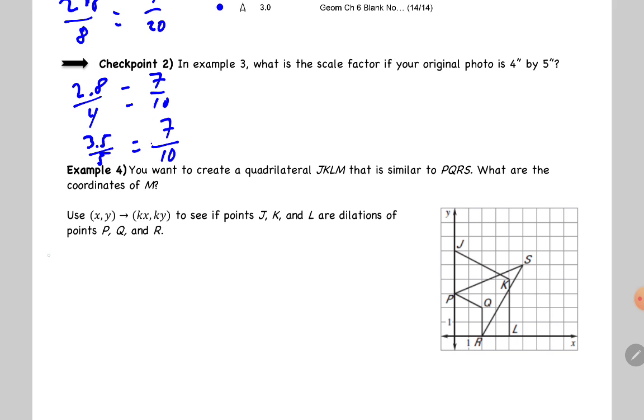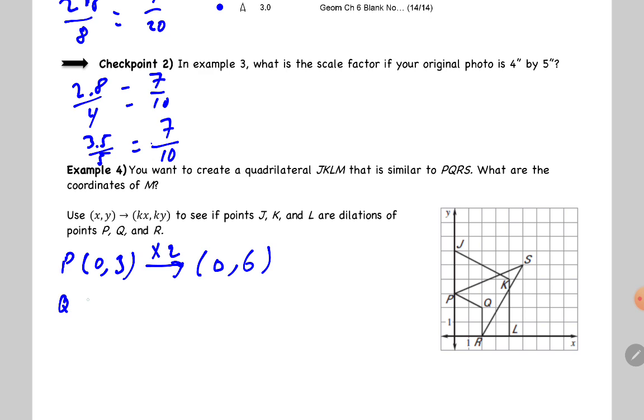So let's look at P. P is 0, 3. And its corresponding point then becomes 0, 6. So we know that doubled. Let's make sure. Because 0 times 2 is 0, and 3 times 2 is 6.